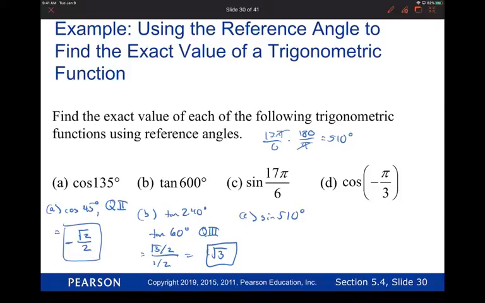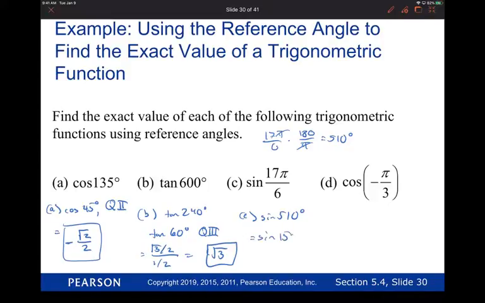What's 30 times 17? Okay. I know it doesn't look like a 6, but when you crunch the numbers, it should work out. So 510, what's that coterminal angle? We have to subtract 360, right? What's 510 minus 360? That's 150. So this is the same as sine of 150 degrees.